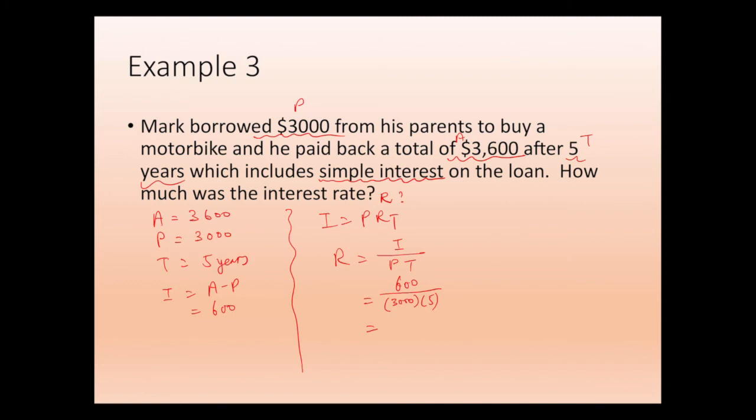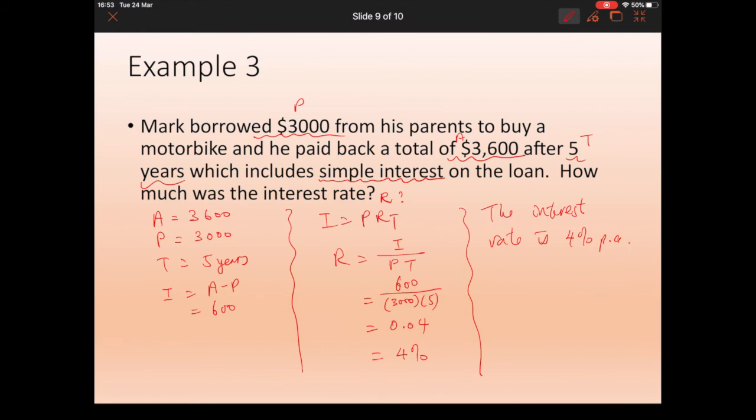Remember, in this case, it is fine to use your calculator. Using that, we get 0.04, which is 4%. So the interest rate is 4% per annum. Remember the words per annum.